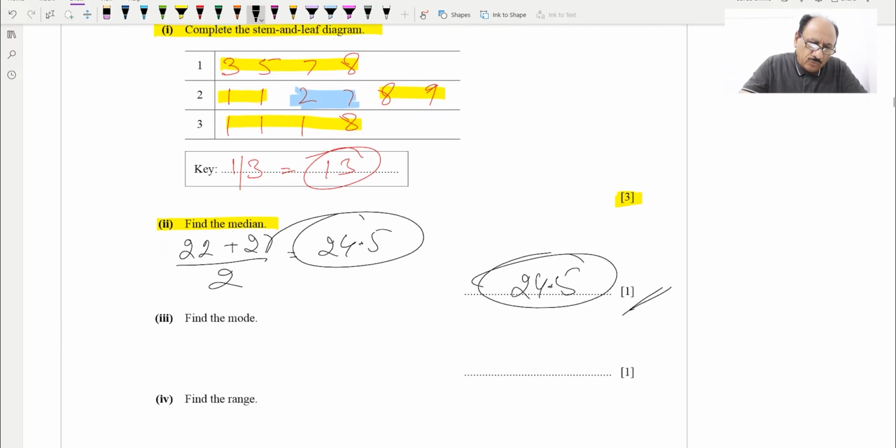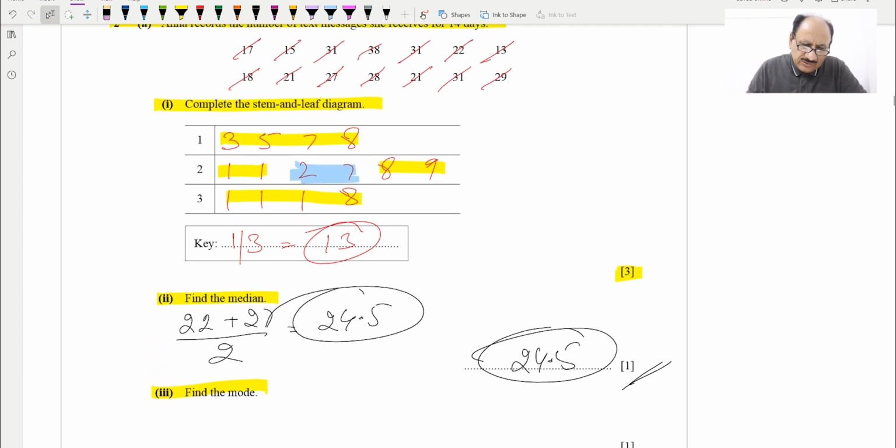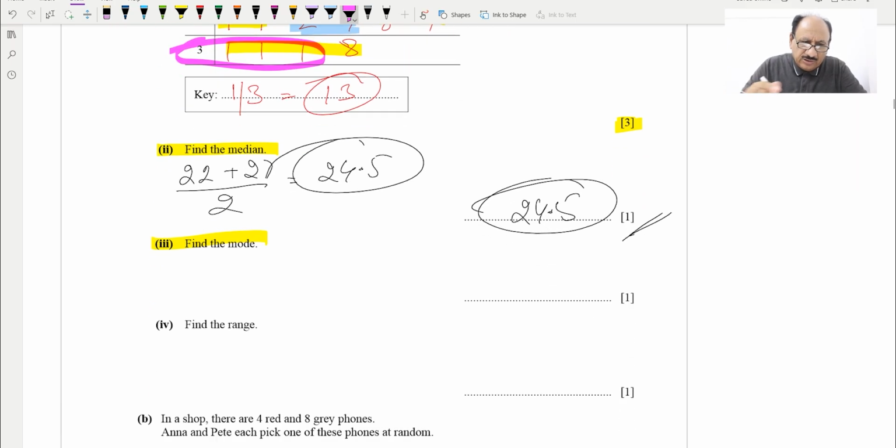Now mode is the most repeating value, and we can see 3 with 3 times 1, which is 31. So 31 is coming 3 times, so we write here 31 is the mode. Then they are saying find the range. Range is maximum minus minimum.